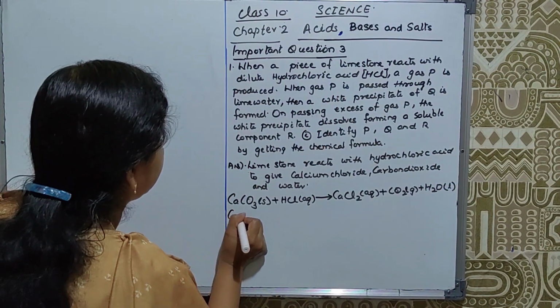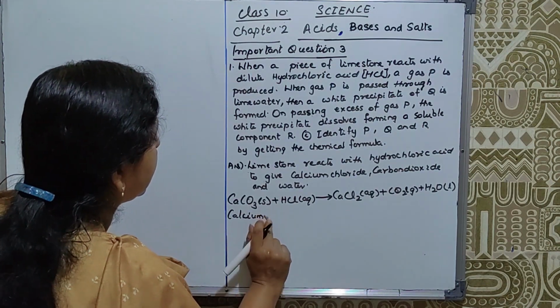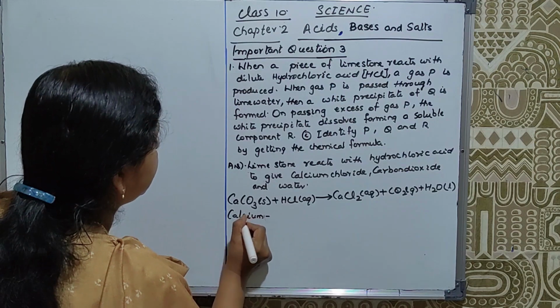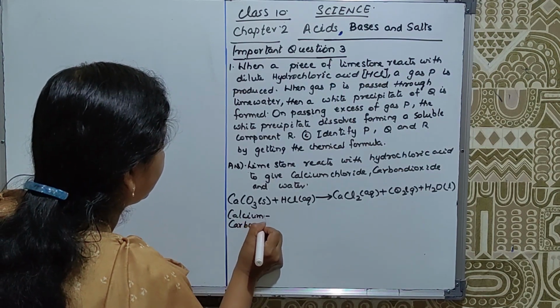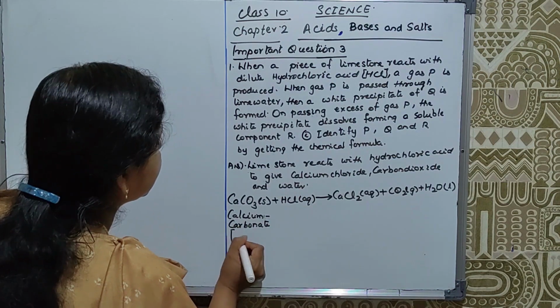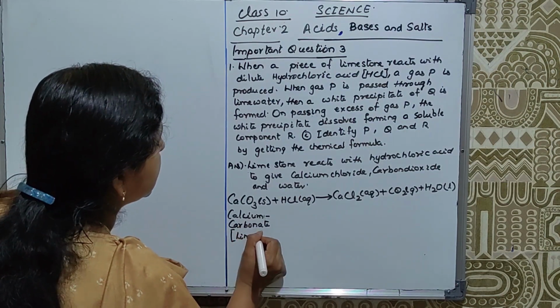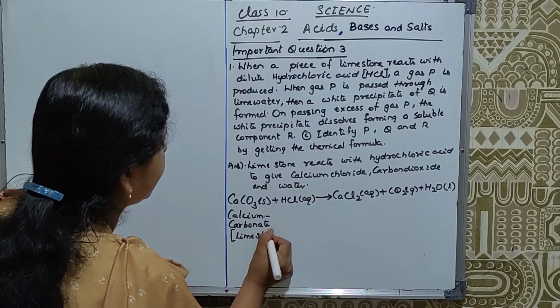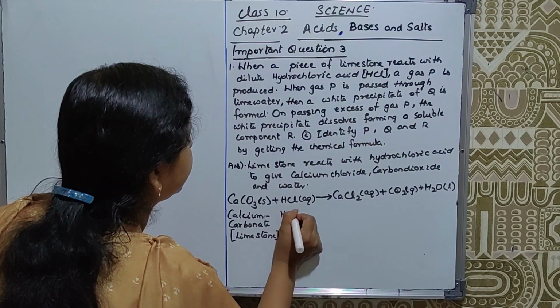Calcium carbonate is the chemical name of limestone. So I'll write the common name in the opposite way. Limestone is the common name of calcium carbonate. Reacts with hydrochloric acid.